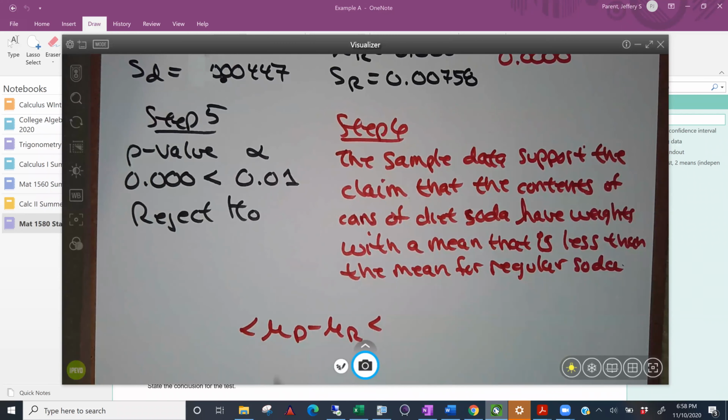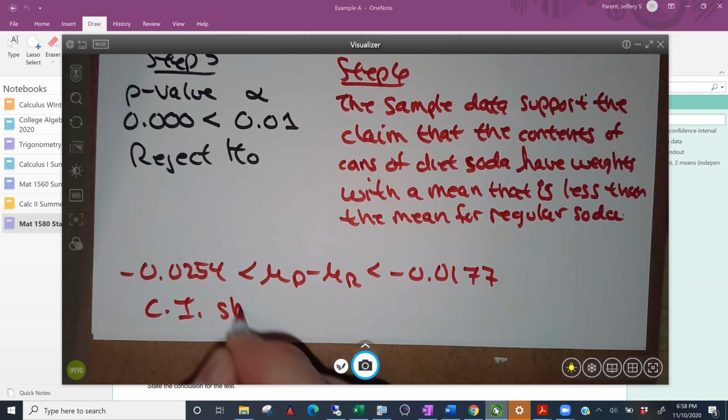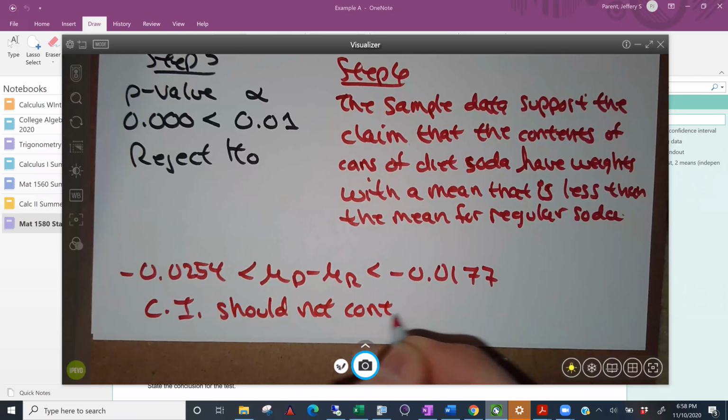So, in fact, I think you ended up with negative 0.0254, and negative 0.0177. But the confidence interval should not contain 0.